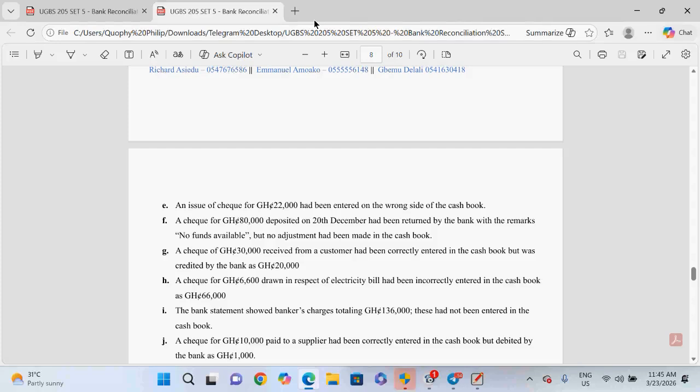I. The bank statement showed bankers' charges totaling 136,000. This had not been entered in the cash book. J. A check for 10,000 paid to a supplier has been correctly entered in the cash book but debited by the bank as 1,000.